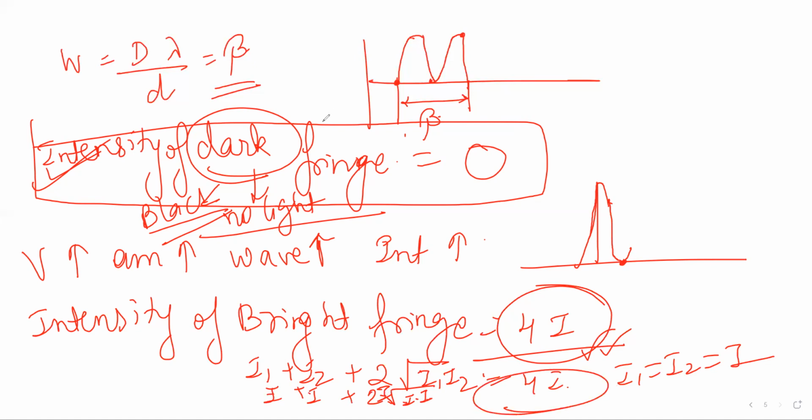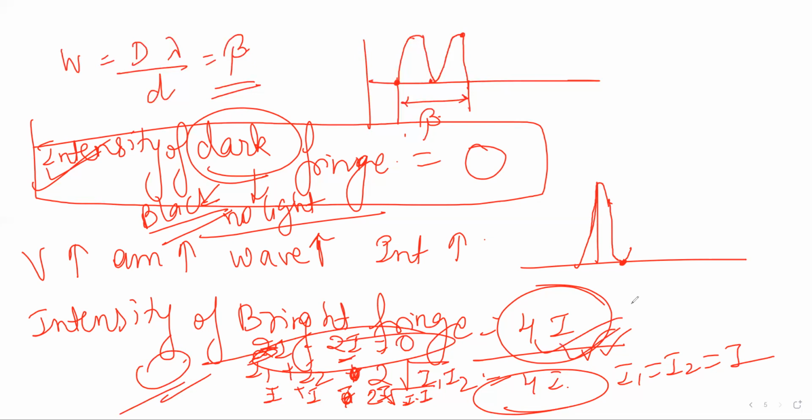But in case of the dark fringe, it will be I1 plus I2 minus twice root over I1 I2, so 2I minus 2I will become 0. Because of that, the dark fringe is 0 and the bright fringe is 4I.